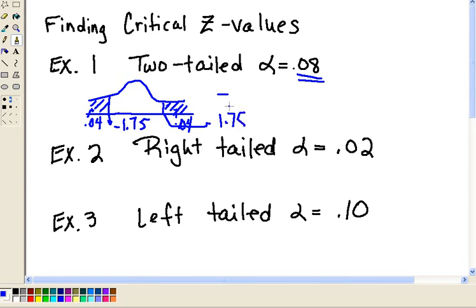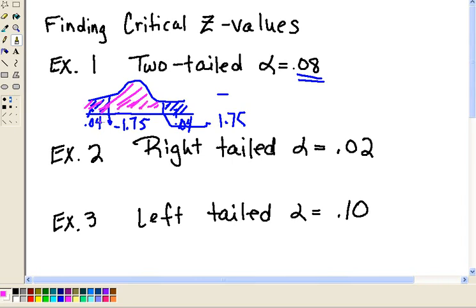But if you want to look that up, you have a few other options. The table we were looking at is a left tail table. The area under this whole curve is always equal to 1, and what that table gives me is always all the area to the left.